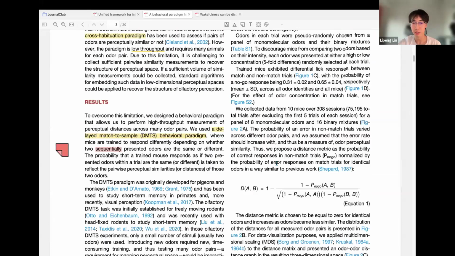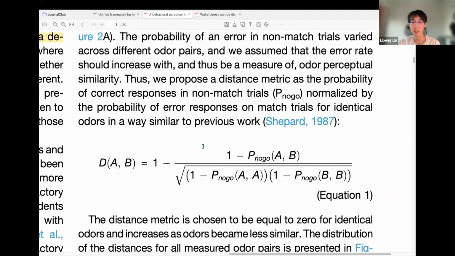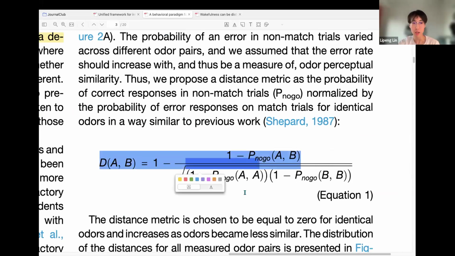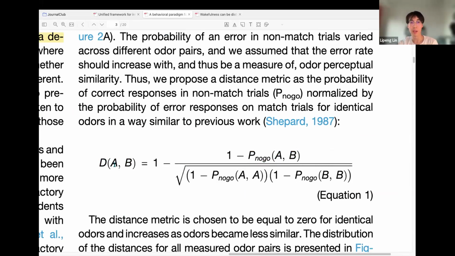The metric here. Okay. D(A,B). For example, if A and B are two stimuli, and let's assume A and B are very similar odors, then 1 minus the probability of no-go for A and A, definitely the same, so it will be 0. 1 minus 0 equals 0.